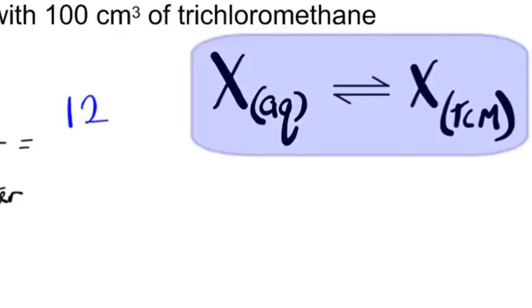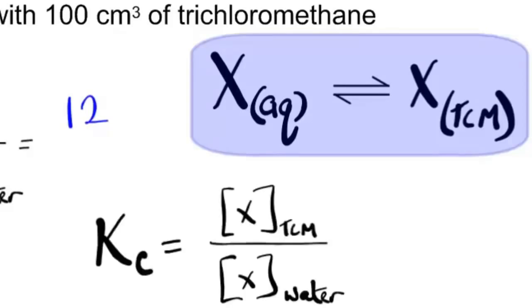Notice that I've reversed the equation here to show X going from the water or aqueous layer into the trichloromethane layer, like we had in the separating funnel example a few moments ago. So you can write an expression for this equilibrium when it's reached dynamic equilibrium. Kc will be the concentration of X in the TCM, the product so to speak, over the concentration of X in the aqueous layer or water.